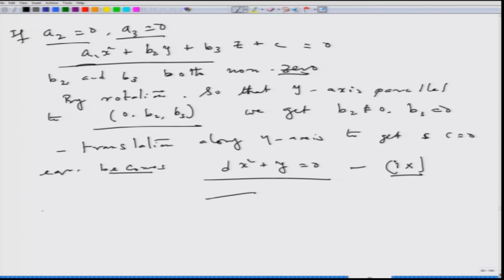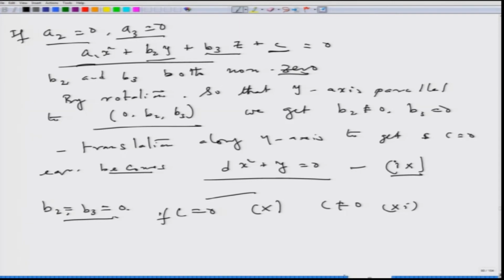Now, if B2, B3 both 0, then in this equation C will be 0, A1 is non-zero. So, this equation becomes A1 x square plus C equal to 0.